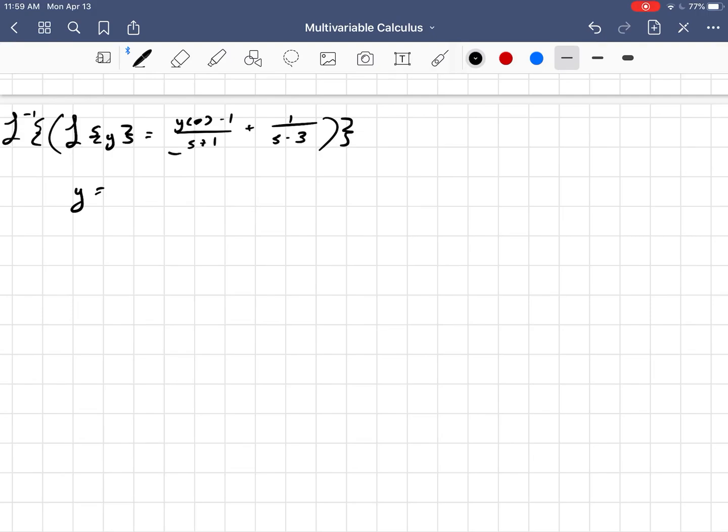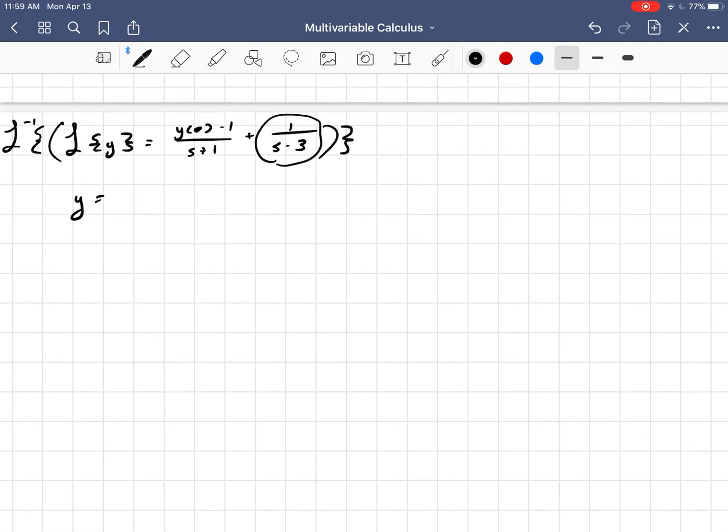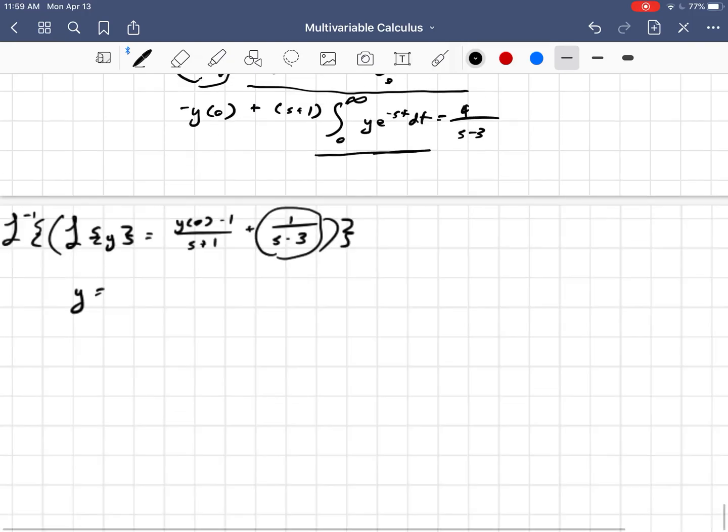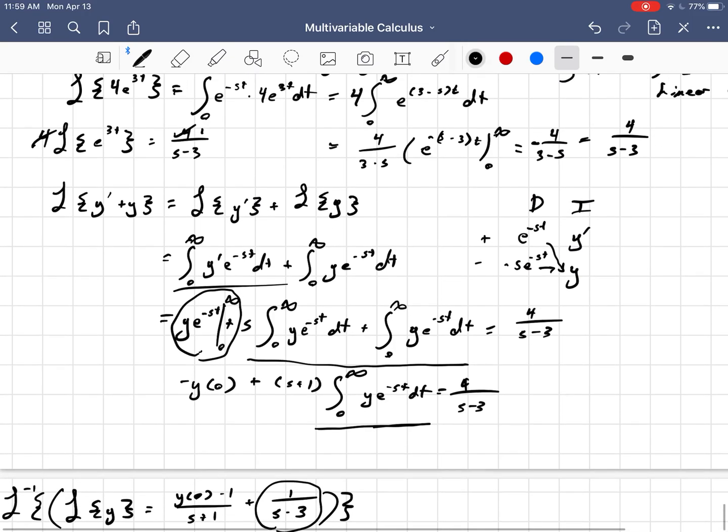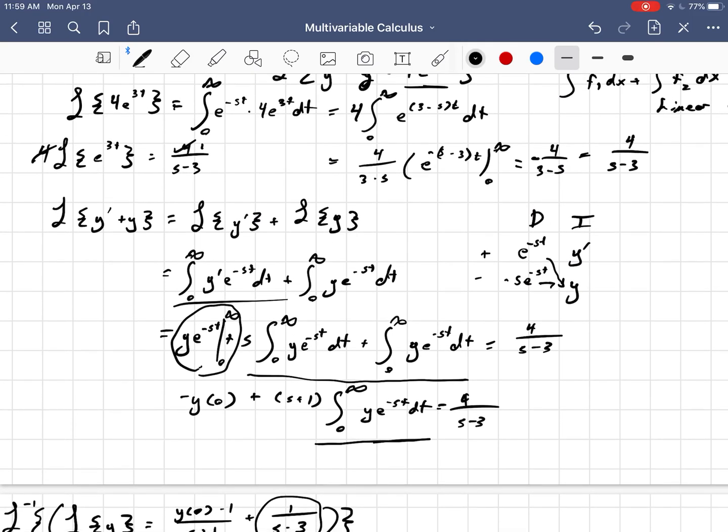And then now we say to ourselves, what function, when we take the Laplace transform of it, gives us y of 0 minus 1 over s plus 1? And then likewise, we say the same thing here. What function when I take the Laplace transform of it, I get 1 over s minus 3.